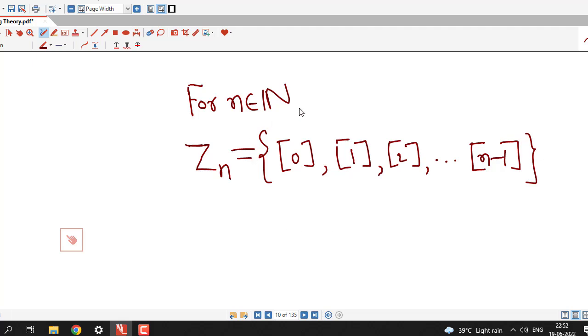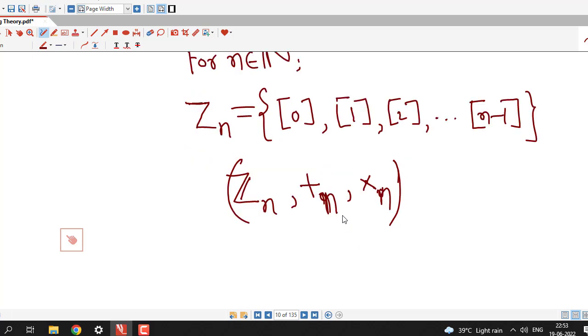So remember, for any natural number n, Zn is a ring under addition modulo n and multiplication modulo n. This is always a ring under this addition and multiplication modulo n.